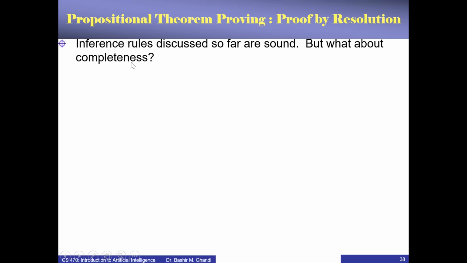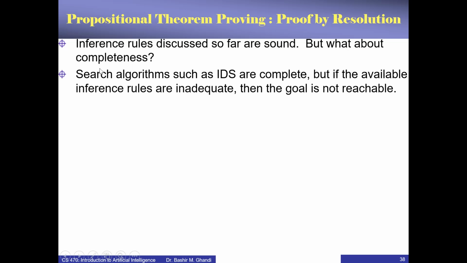But what about completeness? Are we sure that just following the rules we will eventually reach the target of answering the query? Algorithms such as iterative deepening search that we saw before are complete.